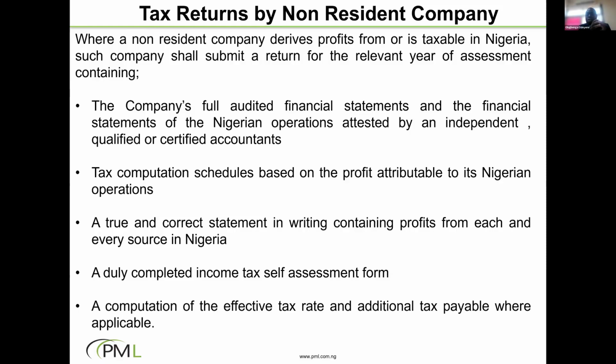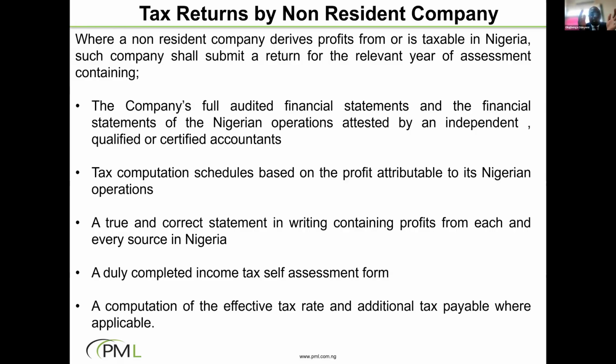Another thing that is required is that you must provide a true and correct statement in writing that contains proof showing the profit from each and every source in Nigeria. So if you are a foreign company that renders services, maybe in oil and gas, such as drilling services to different Nigerian companies, you are required to report the revenue you earn from those companies correctly.